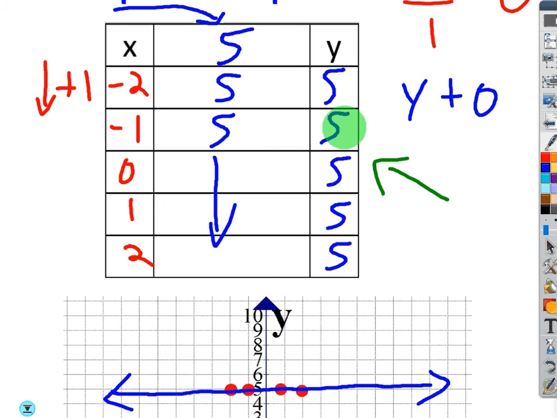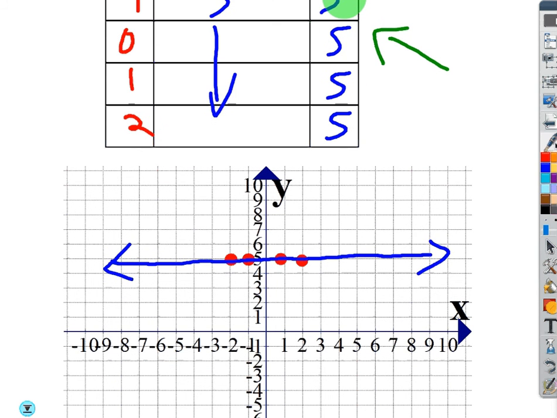Undefined is a good guess. Undefined is when it's a vertical line, okay? So if it's like this, undefined. It's still a straight line and it's still not diagonal. But for a horizontal line, the slope is 0 because you don't have to go up to go over. You're going up 0 units and going over 1. 0 over 1 is 0.